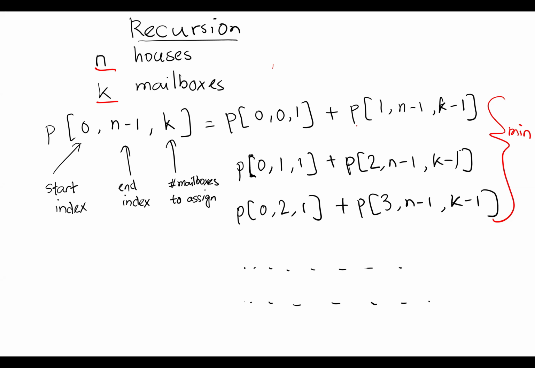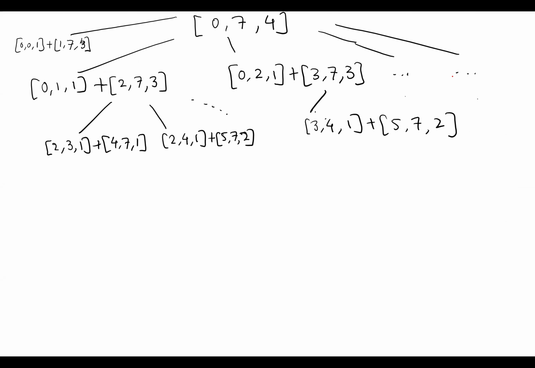Now look at these subproblems. Each of these subproblems actually can be broken into further smaller subproblems or further groups, right? So this one, there are n minus 1 houses here and k minus 1 mailboxes. So we can also break it down into 1 house and 1 mailbox plus n minus 2 houses and k minus 2 mailboxes.